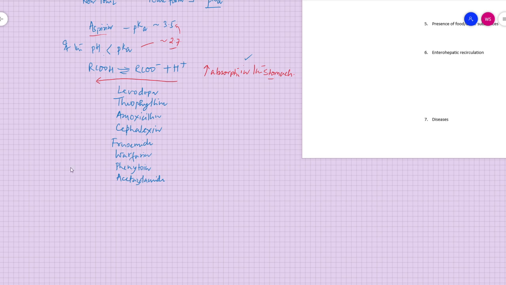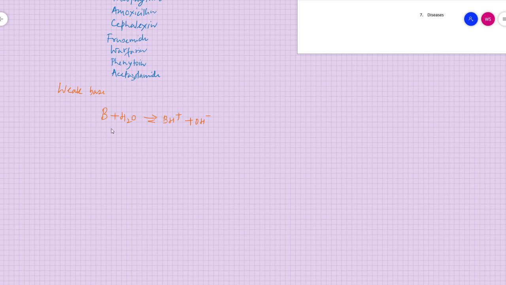So what about weak bases? If it's a weak base, let's represent a general formula. So the equilibrium would be so. B would be a base in the presence of water, obviously in the GIT. There would be this ionic species and the non-ionized form.